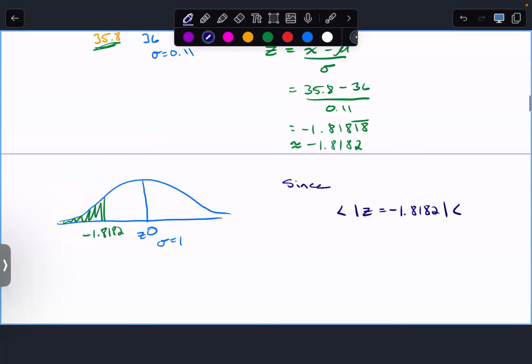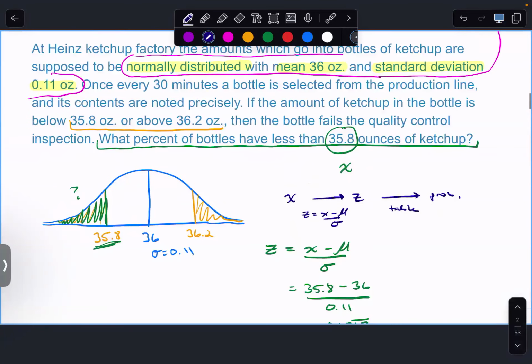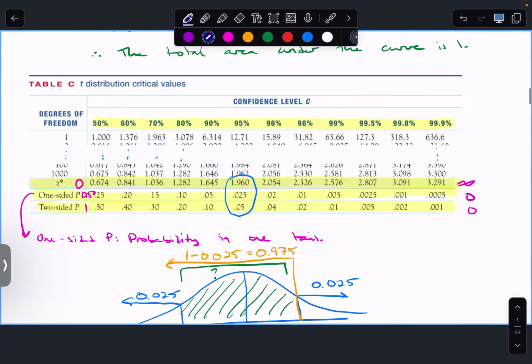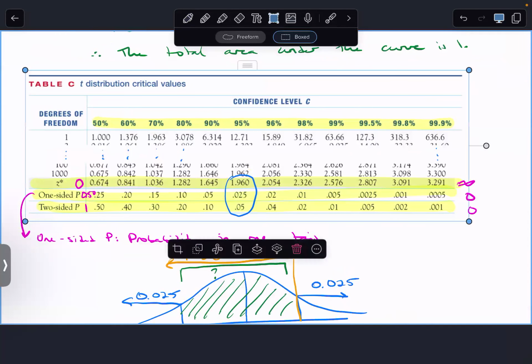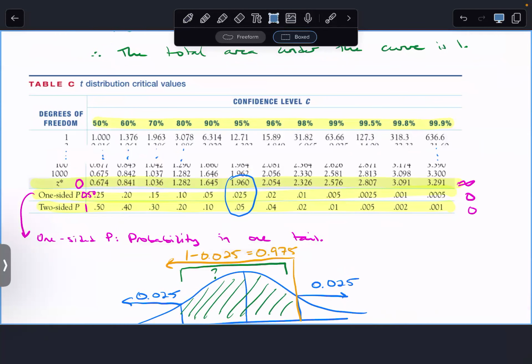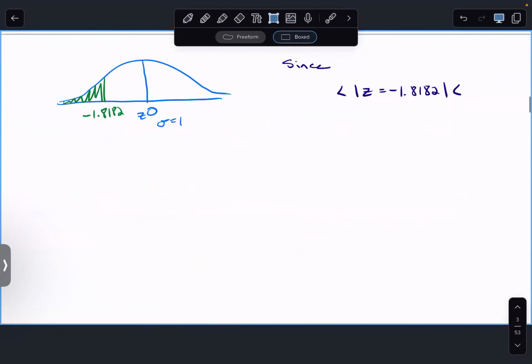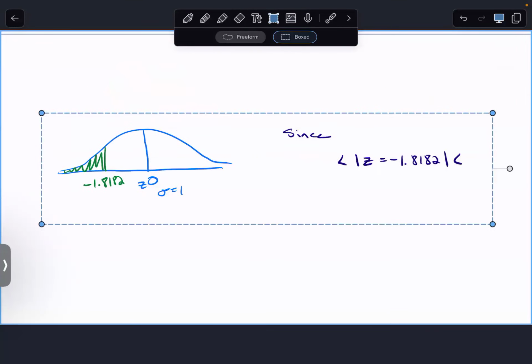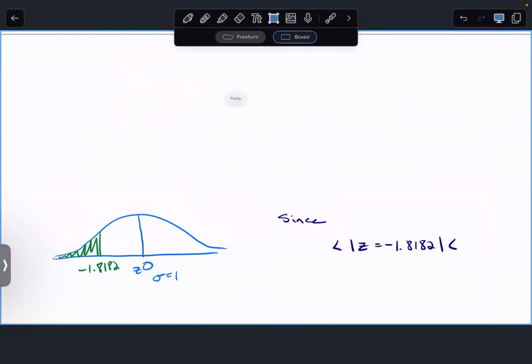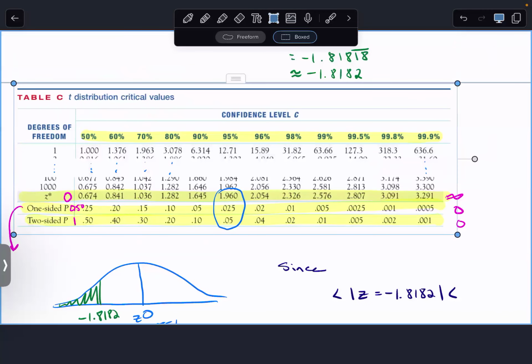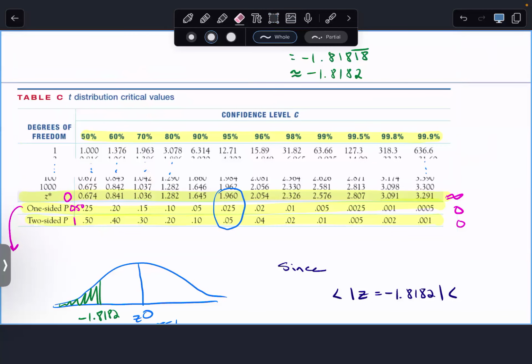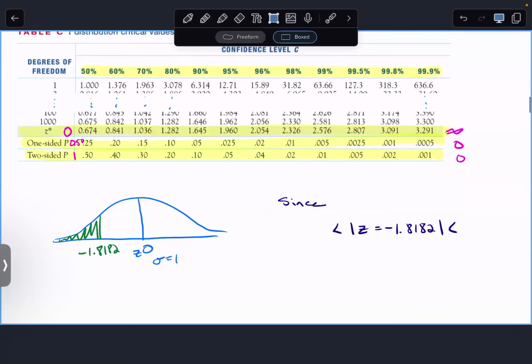But then what I want is a copy of this little guy. And how about I put it up above here? Sorry. Erase that.